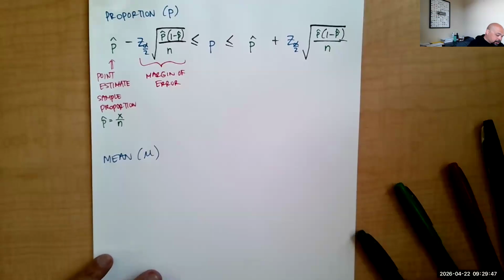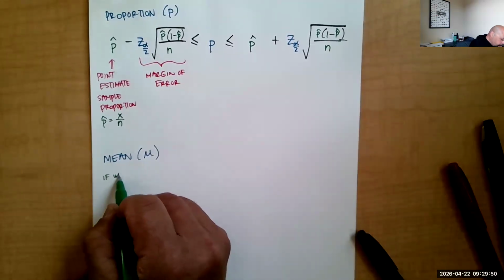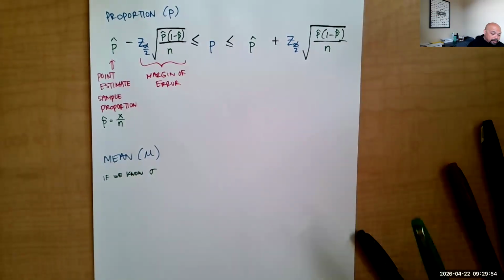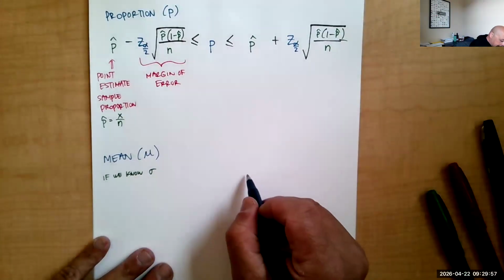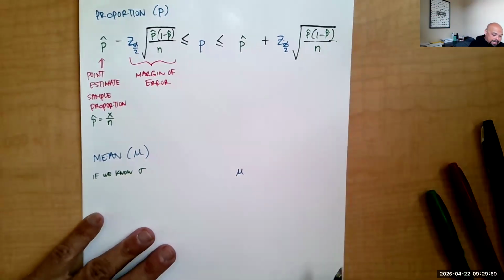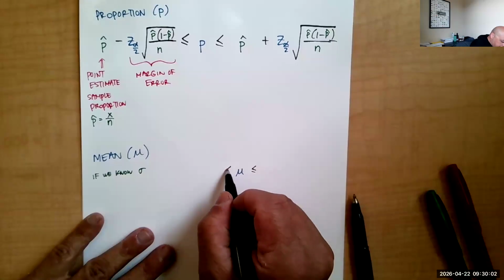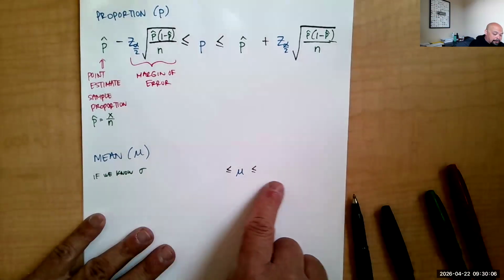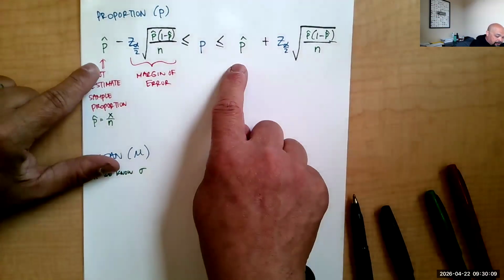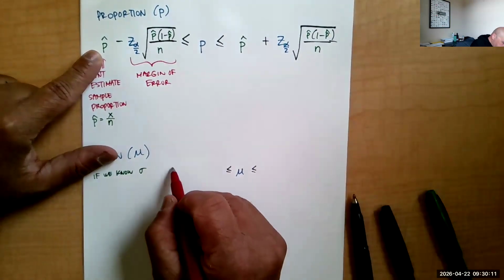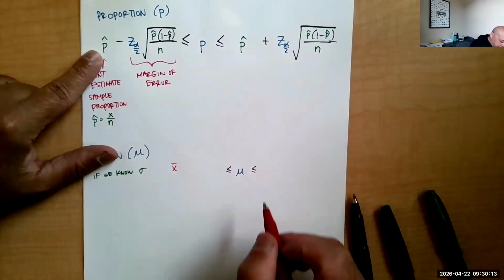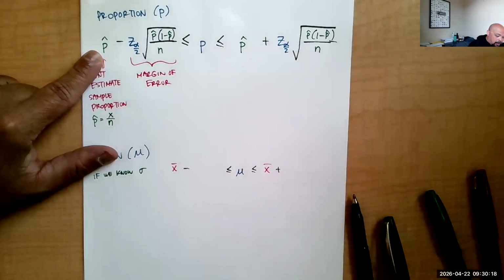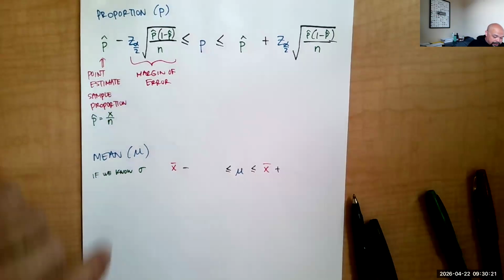And so in this first option, right, if we know sigma, the population standard deviation, then our formula, right, we're going to take that value for mu we're trying to estimate, and we're going to put it between, right, lower bound, upper bound, our sample value, our point estimate, X bar. And now we're going to add or subtract our amount of error, this margin of error.